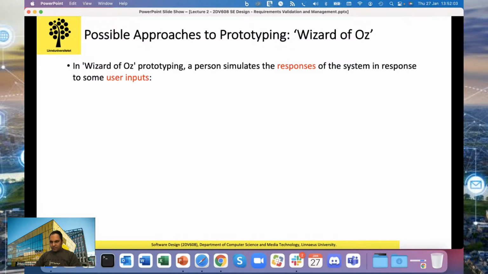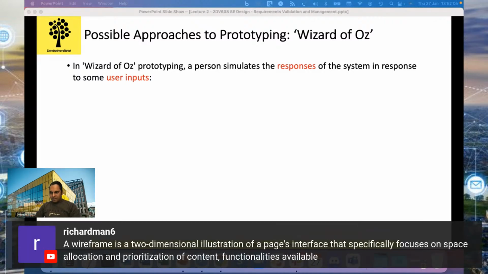So I got a response from Richard now, who says a wireframe is a two-dimensional illustration of a page interface that is specifically focused on space allocation and prioritization of the content. I am not personally familiar with wireframes, but yes, you could be right.